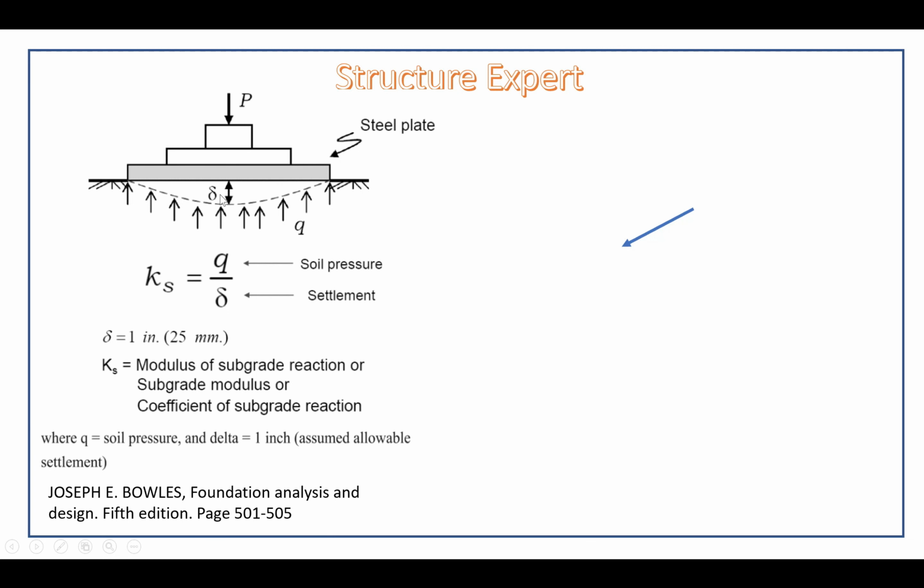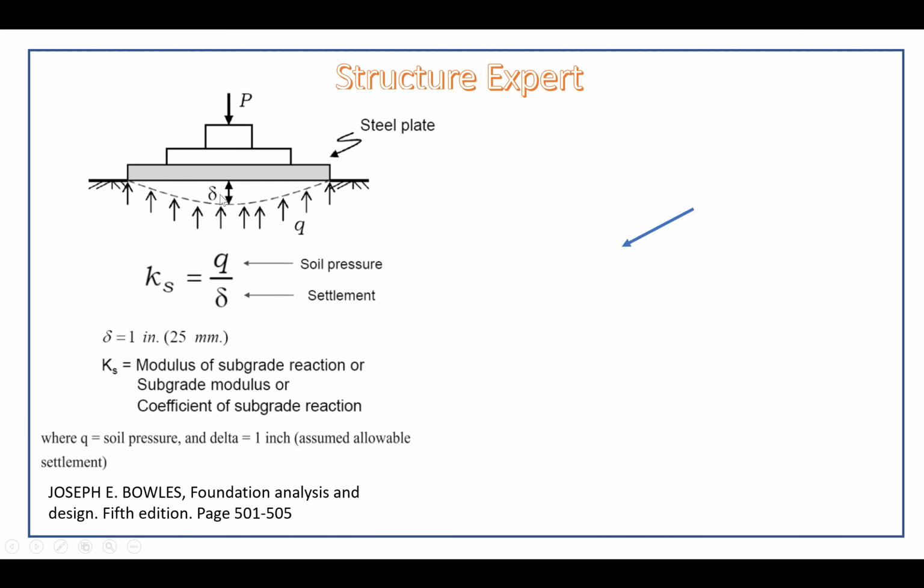Ks is equal to 40 multiplied by the safety factor, multiplied by q allowable, the allowable soil bearing capacity.